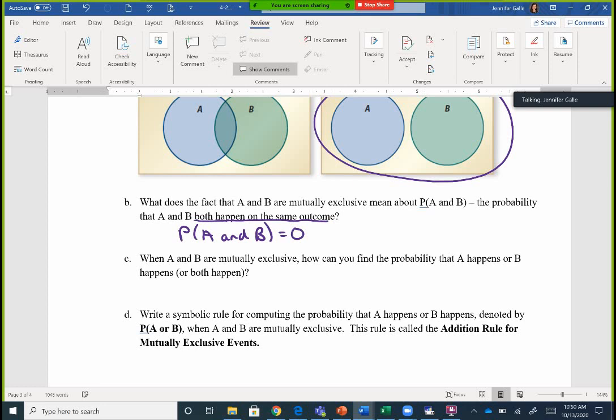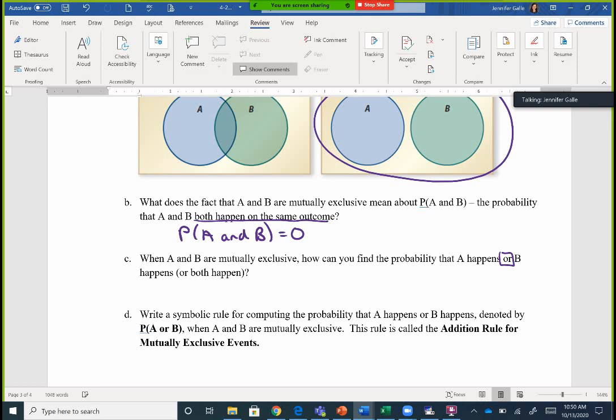If they're mutually exclusive, how can you find the probability that A or B happens? What did we do when they were mutually exclusive? What did we do with the probabilities? We just added them together. That's all we did.